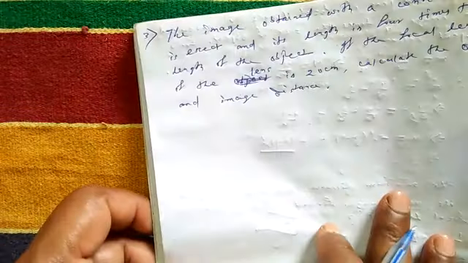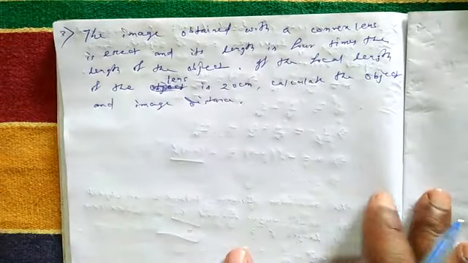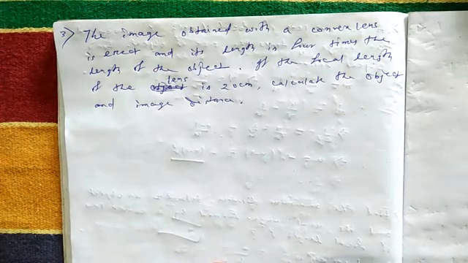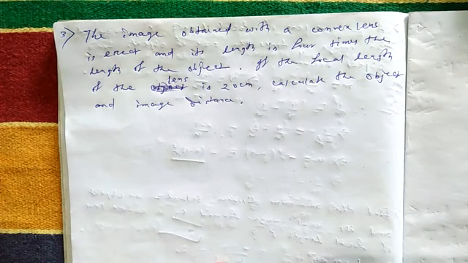Next question is, the image obtained with a convex lens is erect and its length is 4 times the length of the object. If the focal length of the lens is 20 cm, calculate the object and image distance. Okay, the image obtained with a convex lens is erect and its length is 4 times the length of the object.